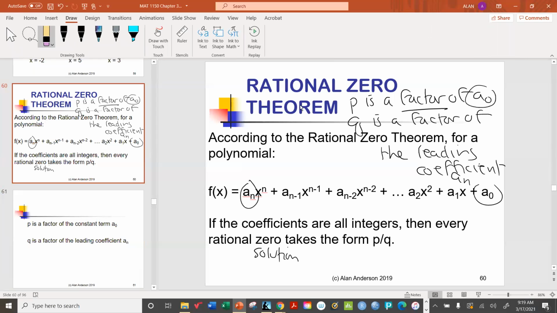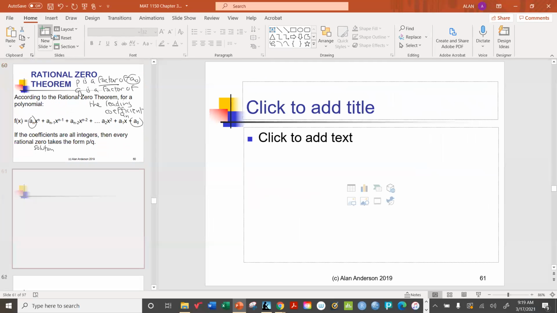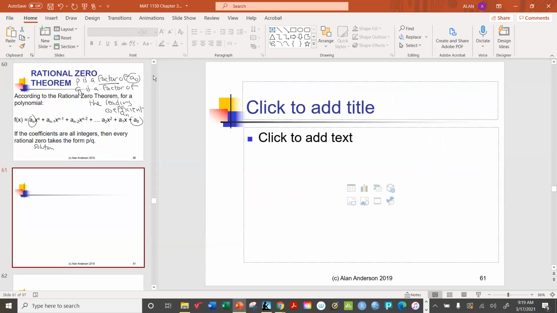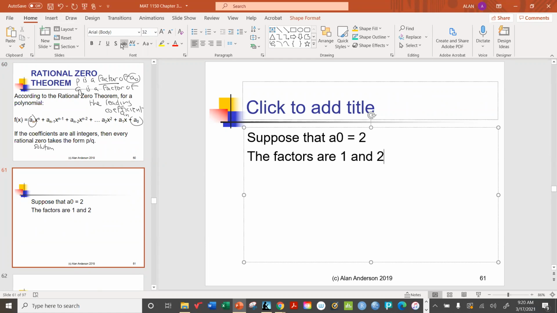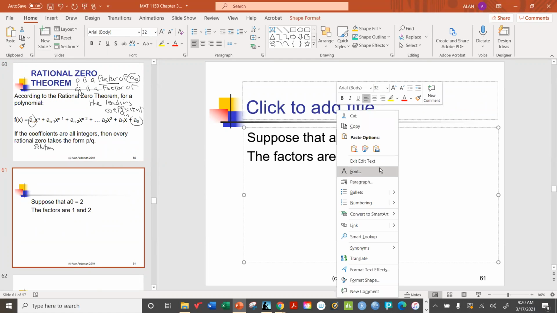In fact, let me jump ahead to a new slide because I have no space here. Suppose that A0 is 2. The factors are 1 and 2. Doing subscripts in PowerPoint is kind of a nuisance.